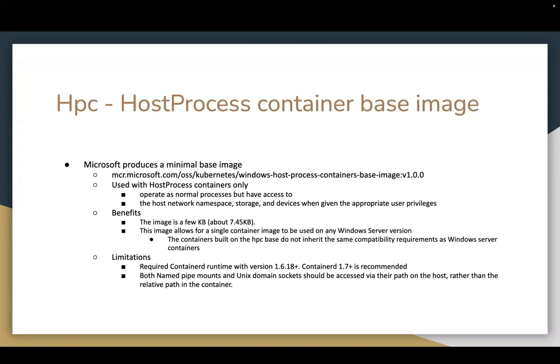The second benefit is that the image allows a single container image to be used on any Windows Server version. For example, if we build an Antrea agent image using HPC, it means that our Antrea agent image can run on both Windows Server 2019 and 2022.